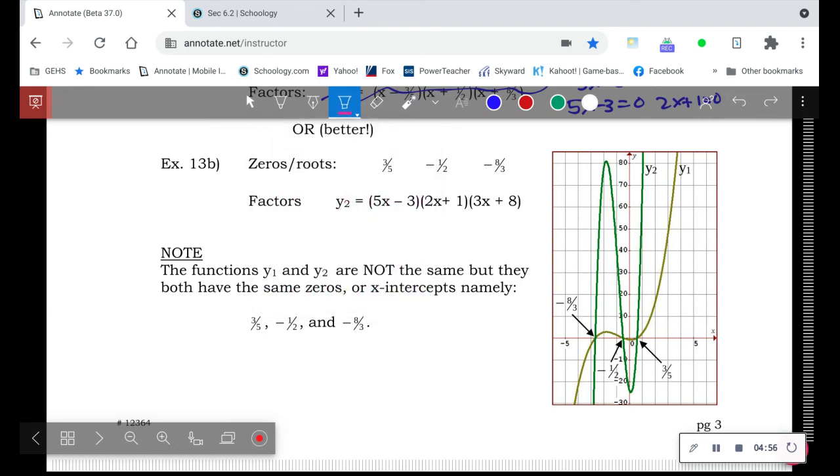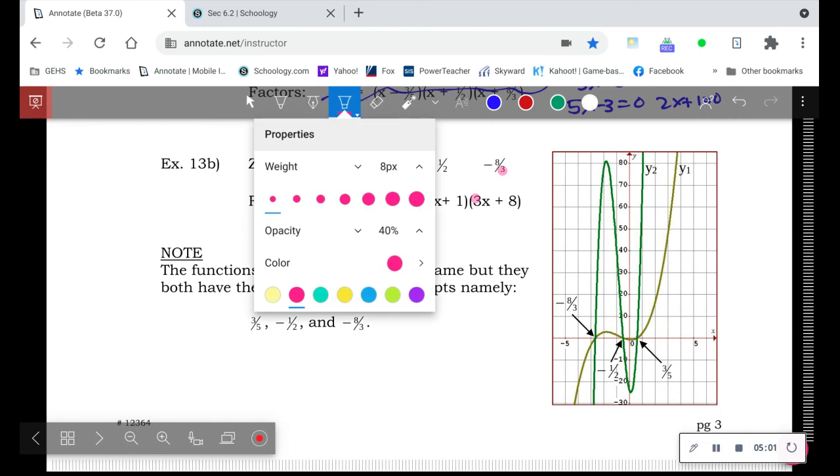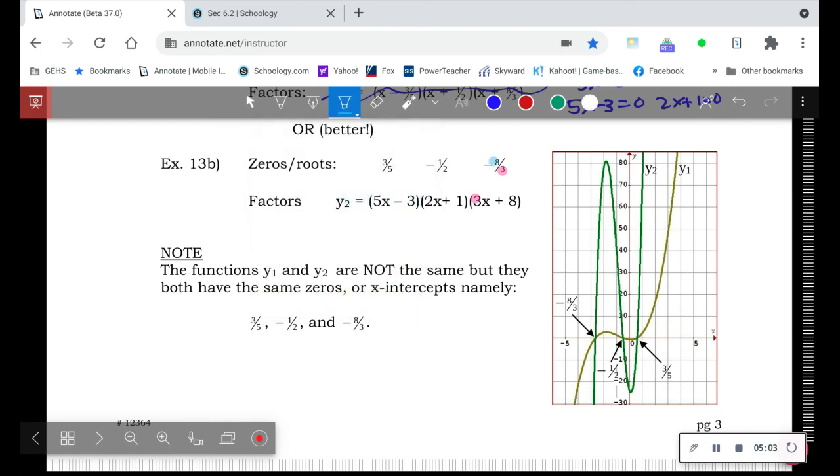The number on the bottom goes in front of the x, and the number on top goes behind it, but you have to change the sign of that one. So for instance, this one has a 3 on the bottom, 3x, and a -8, so we'll put +8.